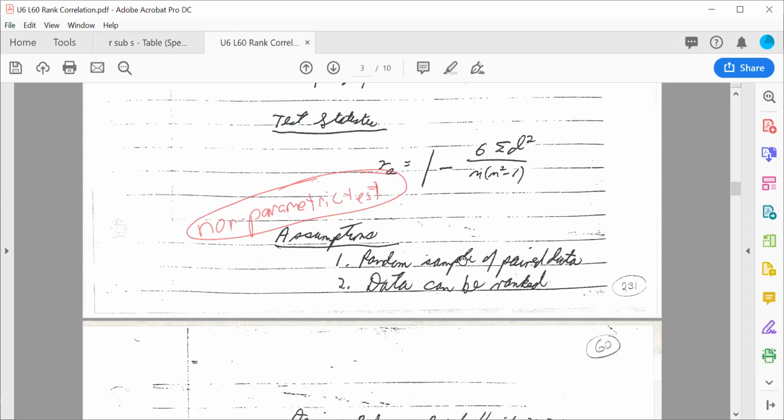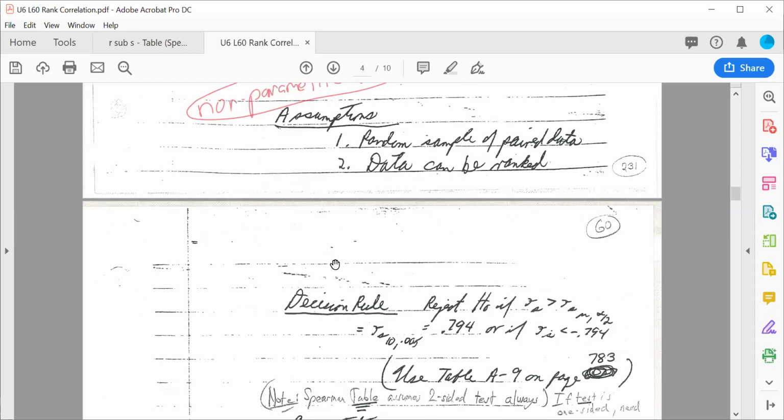It's a random sample of paired data, and the data can be ranked. That's it. If you could remember from the last video, what were the assumptions for linear correlation? The Y populations had to be normally distributed. The Y populations had to be equal variance. Both populations had to be normally distributed. That's a lot of baggage. A non-parametric test versus a parametric test has much less restrictive assumptions.